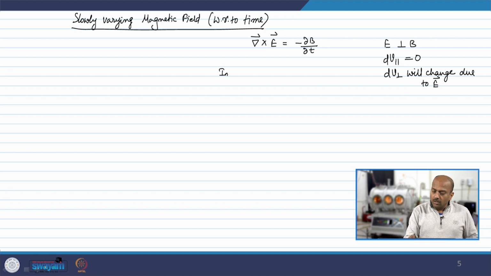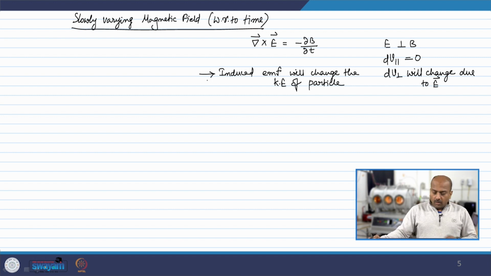So, induced EMF will change the kinetic energy of the particle. Now, let us say we take a small length L, this is the length the particle travels along.